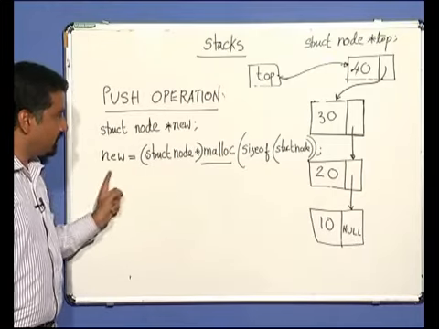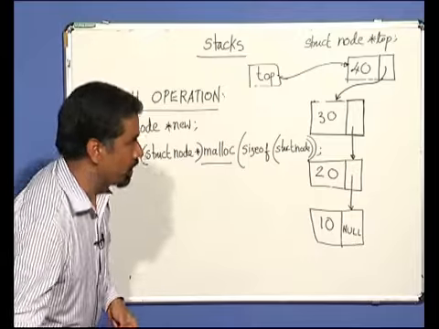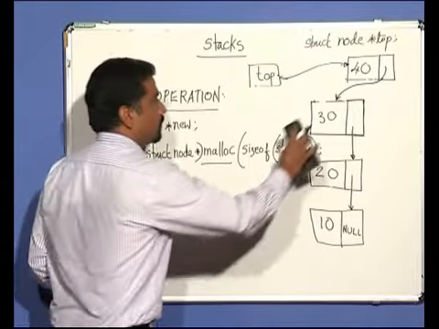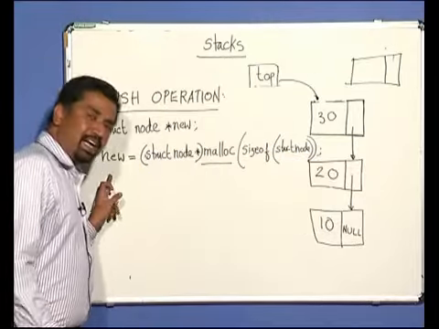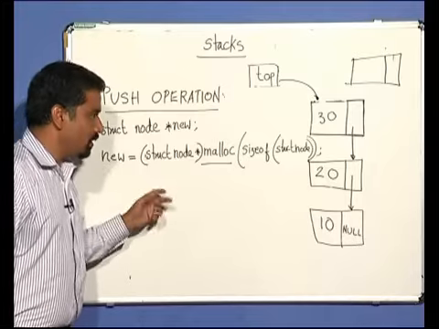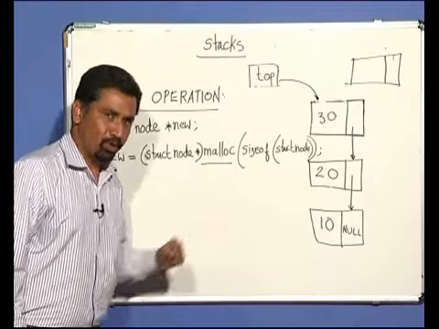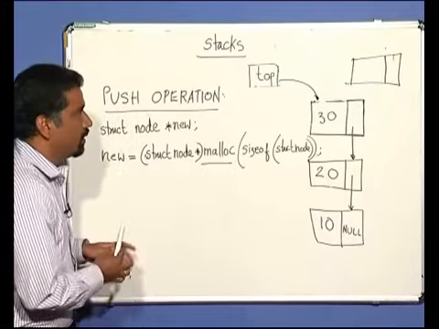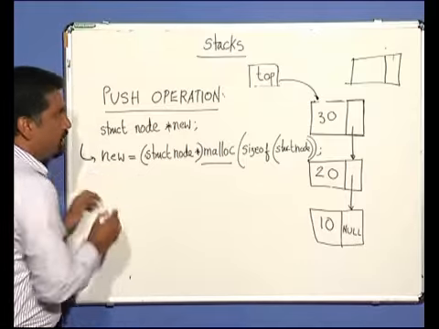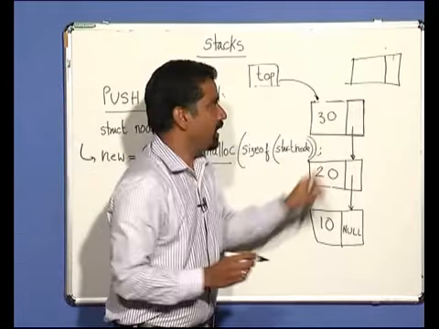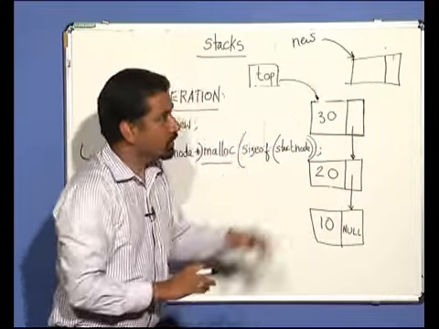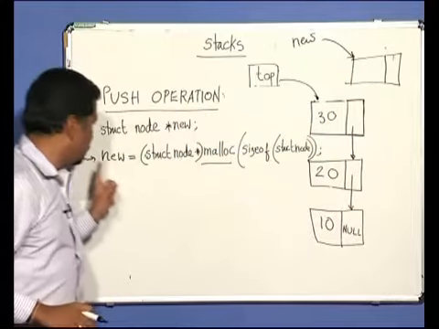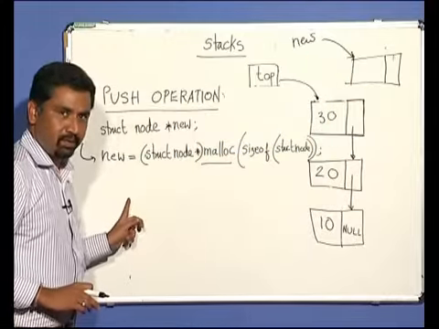The effect of this is simply, we will go back to the original case. The second line here again allocates a new node. For example, because of this line here, a new node is allocated and then it is pointed to. That is the situation because of this code here.